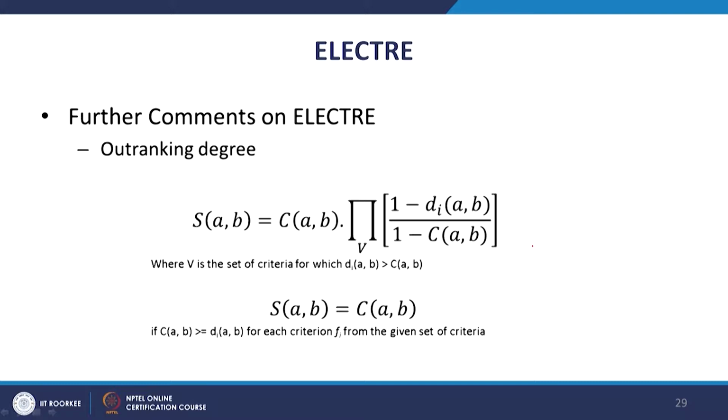If capital C of A comma B, the global concordance degree, is greater than or equal to the partial discordance degree small d of A comma B for each criterion in the set of criteria, then capital S of A comma B is going to be equal to capital C of A comma B. So in that corner case scenario, the credibility matrix is nothing but the concordance matrix. All this we talked about in the previous lecture as well.